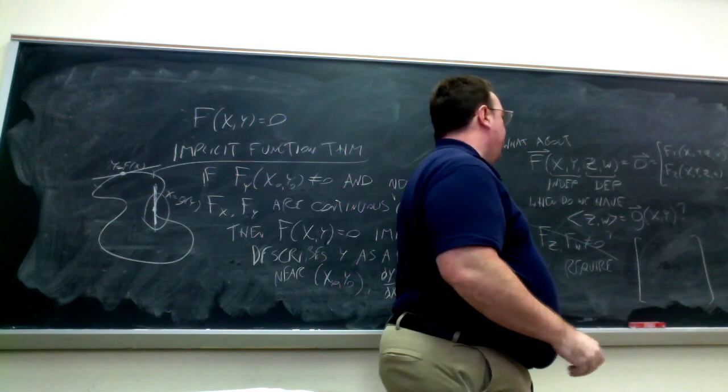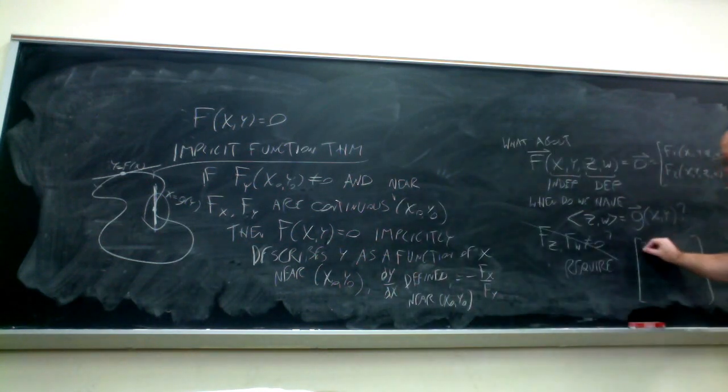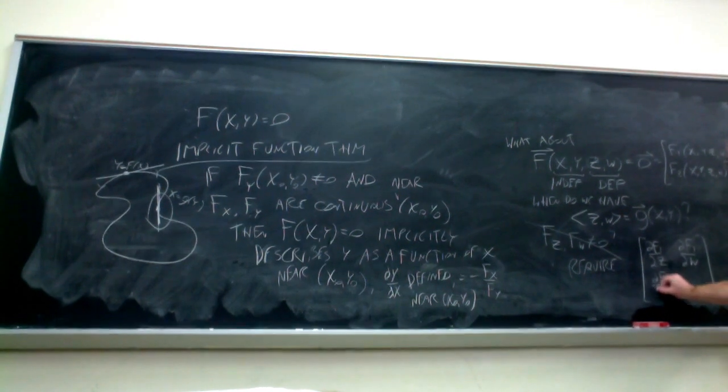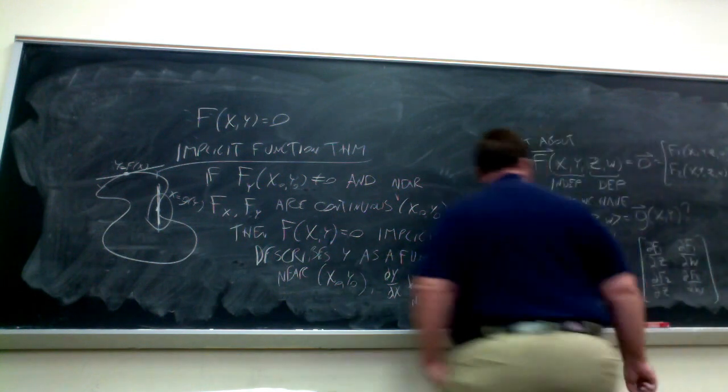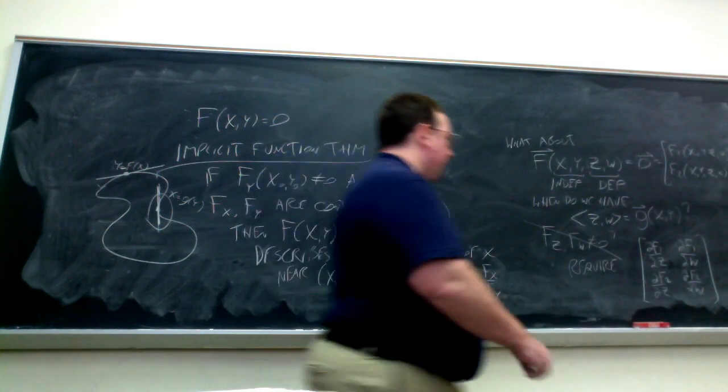Okay. So if you look at the partial derivatives of both of these functions with respect to both z and w, so f1 up top and f2 down below, with respect to z in the first column, with respect to w in the second column.